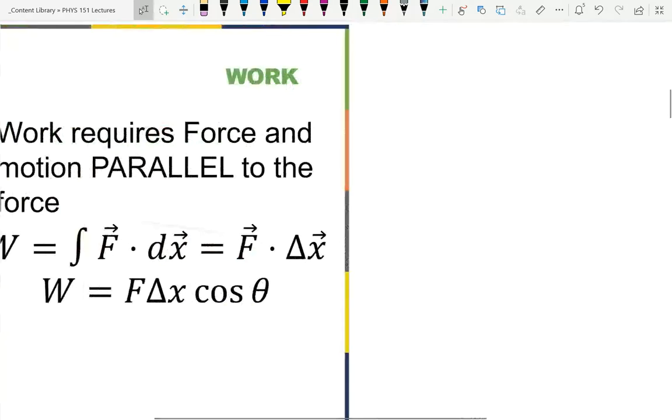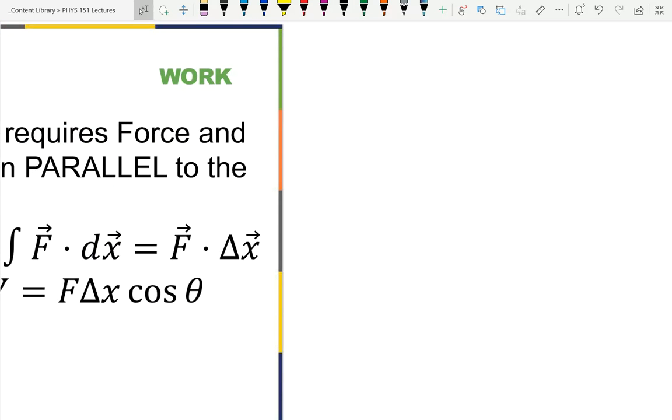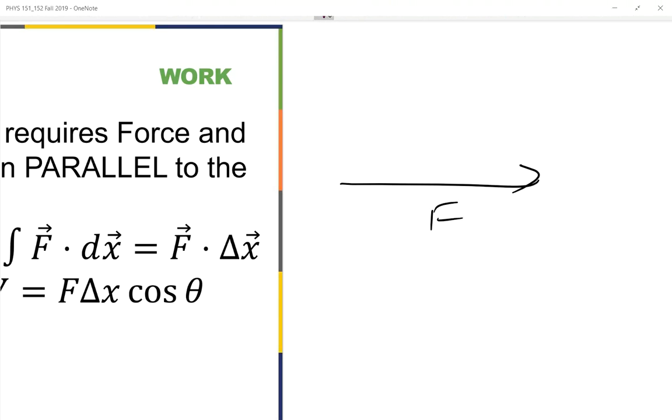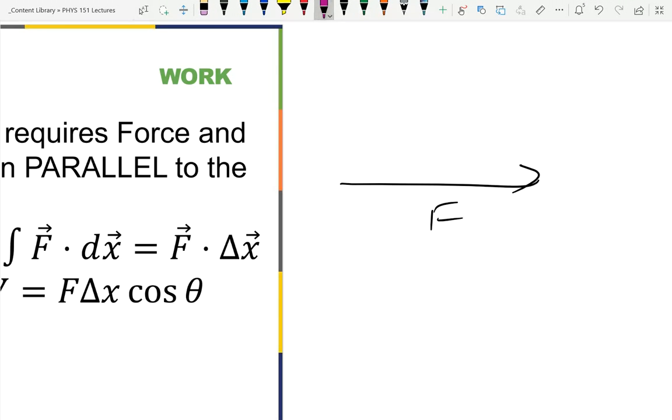Well, if I have a force like this and motion like this, I want to multiply only the parallel parts. What would I do with that delta x to find the parallel portion? I'd break it into components. So I would have like this and like this.